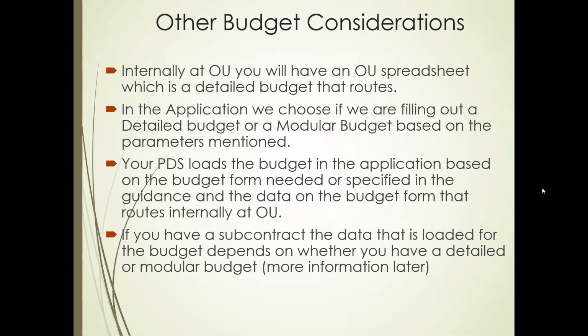So that's why we usually require, if you have a subcontract and it's a detailed budget, that they provide that form to us so that they fill out their own budget form and we just import it into the application.